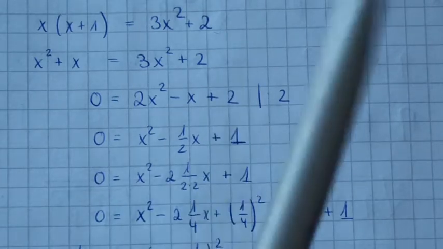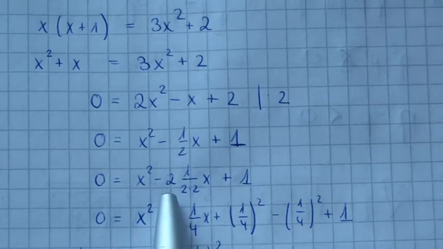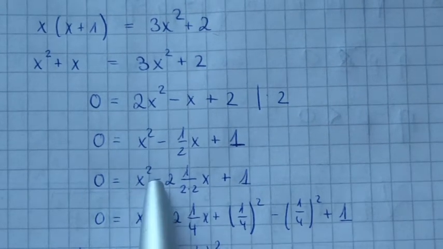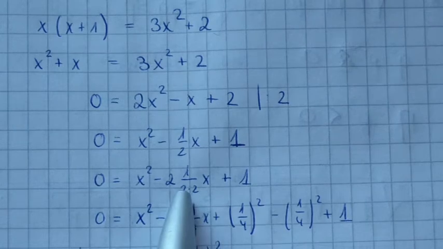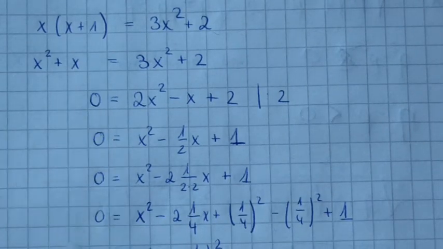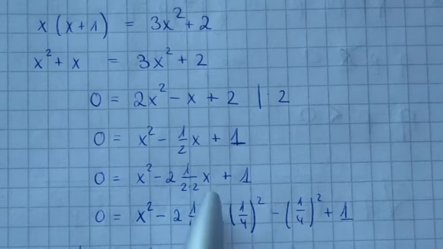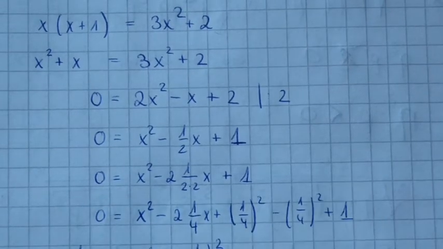The next step is, so this was normalization, and now we do completing the square. x squared minus 1/2 x plus 2 divided by 2. Okay, this is our step. We just rewrite the 1 with 2 divided by 2, and the 1/2 just stays here in the back. Okay, this above will stay here, times x plus 1.